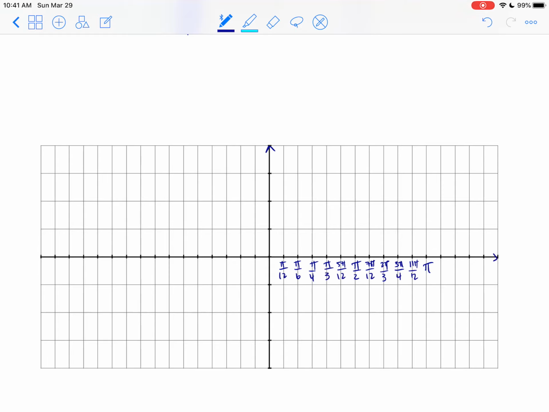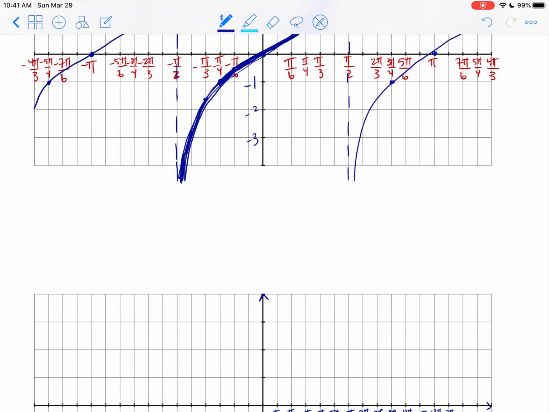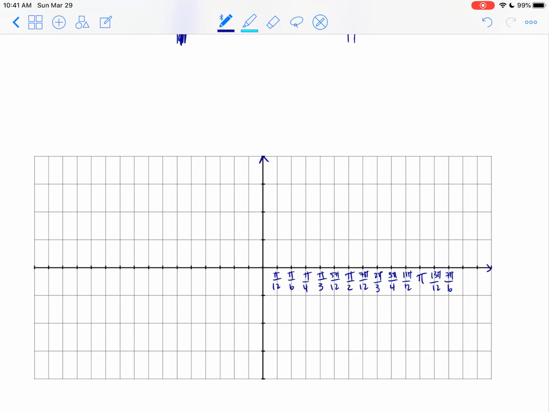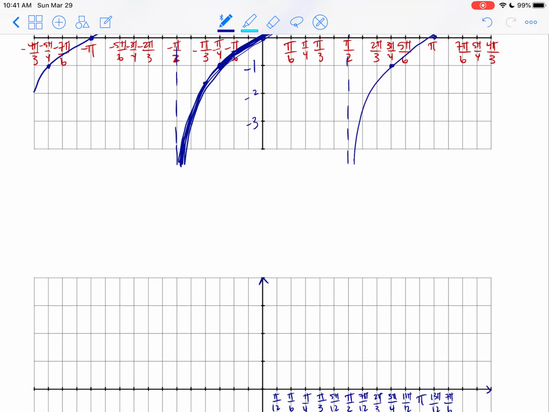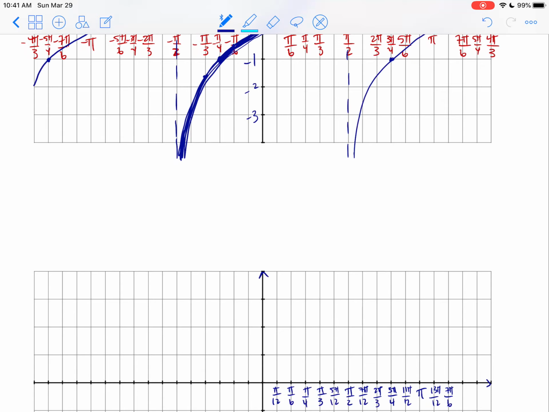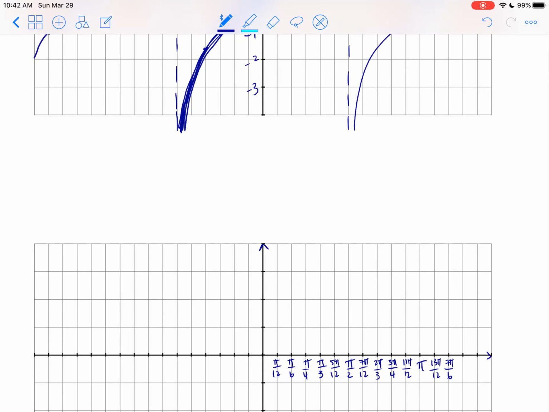And then we have our 13 pi over 12, and 14 pi over 12 is going to be 7 pi over 6. See, that's the same values that we had here. And then we have our, did I miss one though? I feel like I missed one. 7, 8, 9, 10 pi over 12. I missed 10 pi over 12.